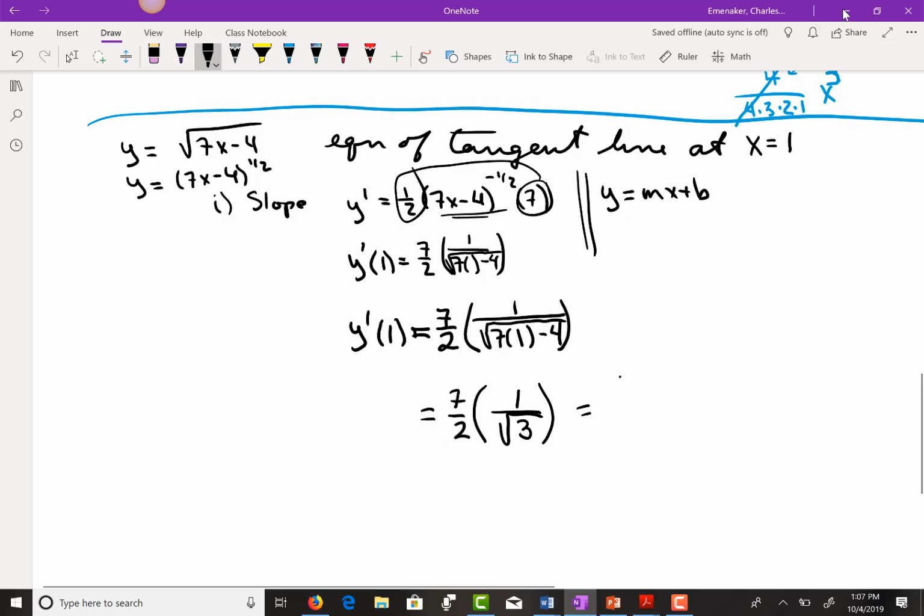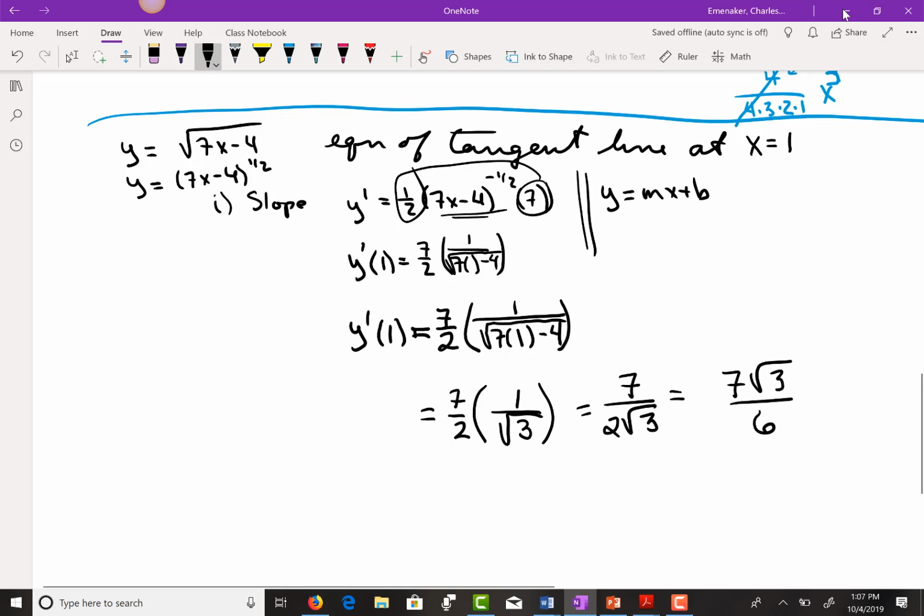Which is going to give you 7 over 2 square root 3. You can rewrite that as 7 square root 3 over 6, rationalizing the denominator. Now, 7 root 3 over 6 is the what? Slope.